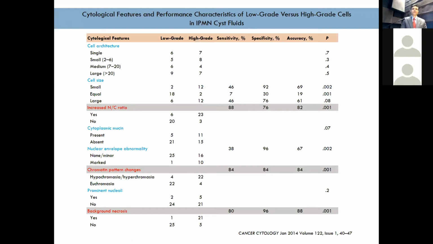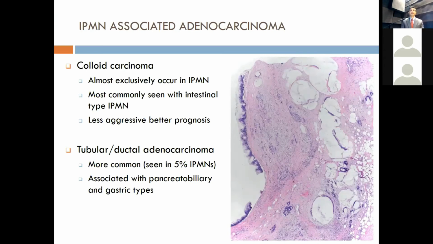This is a table from one of the earliest studies that looked into the cytomorphological characteristics of low-grade and high-grade cells in IPMN cyst fluids. What they found out is that the three features highly associated with high-grade cells are increased NC ratio, chromatin pattern changes such as hypochromasia and hyperchromasia, and background necrosis.